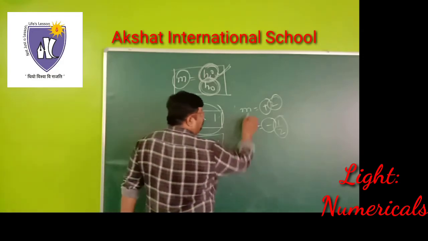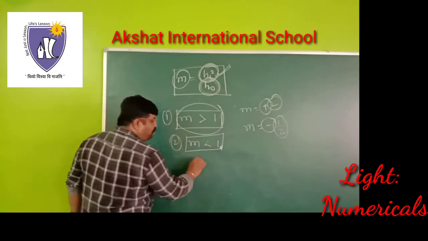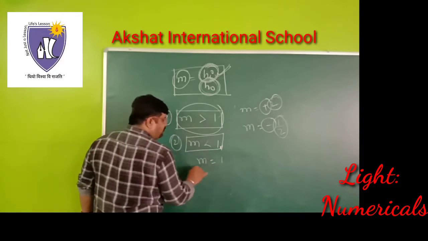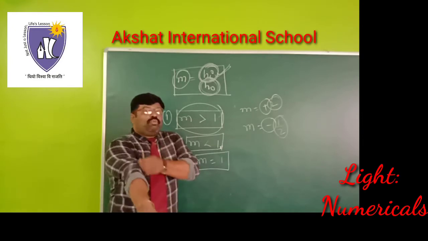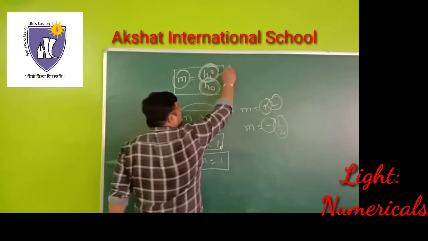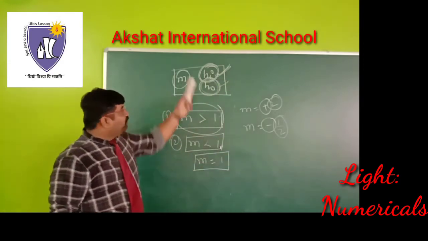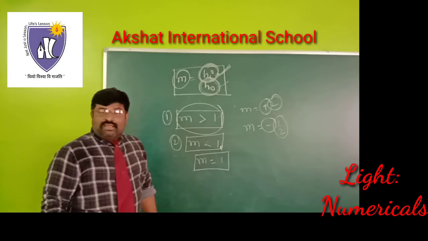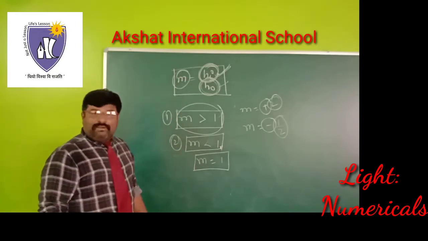Then the third case, say this is the first one, this is the second one. What if m is equal to 1? Now, m will be equal to 1 in one and only one case, when the numerator is equal to the denominator in the fraction. If they both are equal, then we can say that m will be equal to 1.